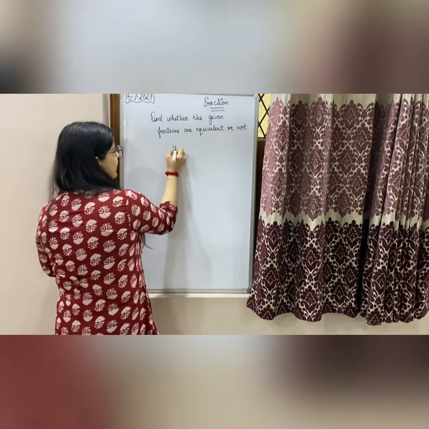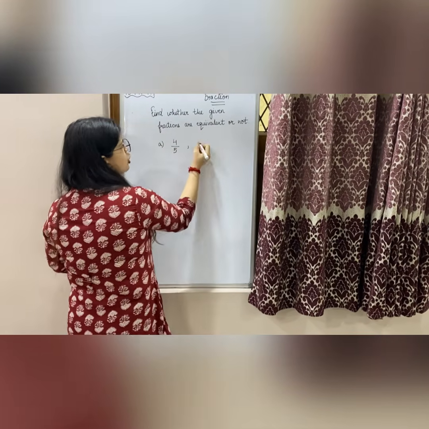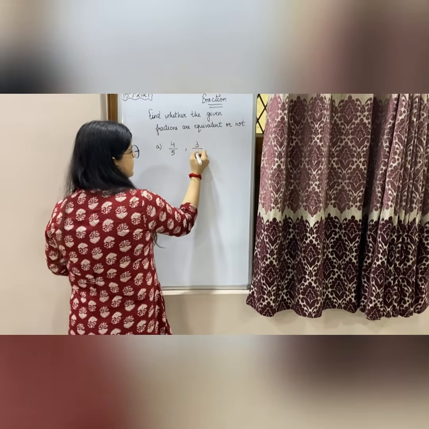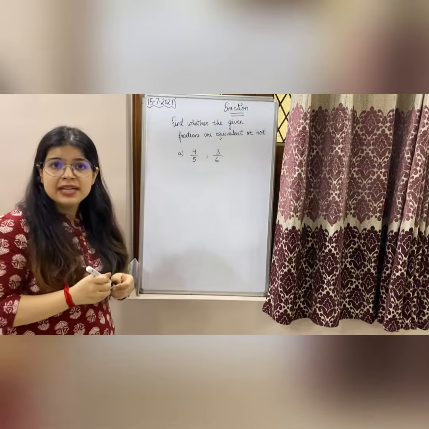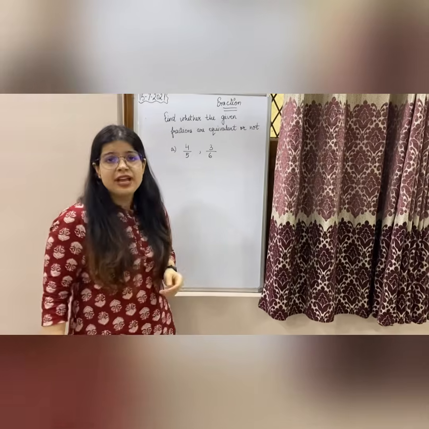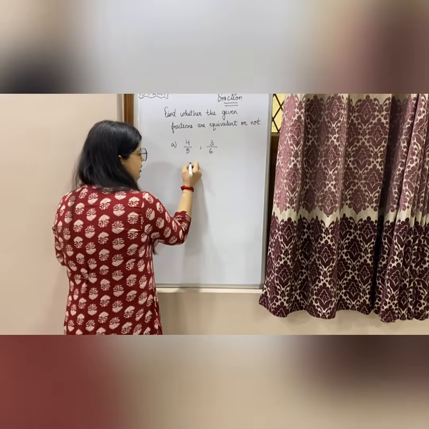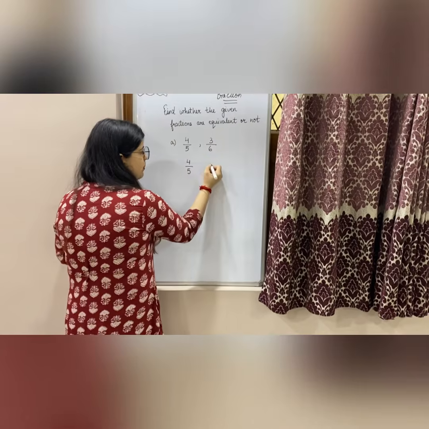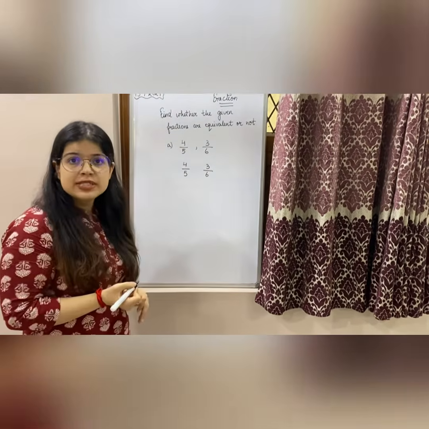So 4 by 5, my A part is 4 by 5, comma, 3 by 6. 4 by 5 and 3 by 6 is my A part, and I have to find whether these two fractions are equal or not. So what I will do is I will write those two fractions again, 4 by 5, 3 by 6, and I have to cross multiply them.